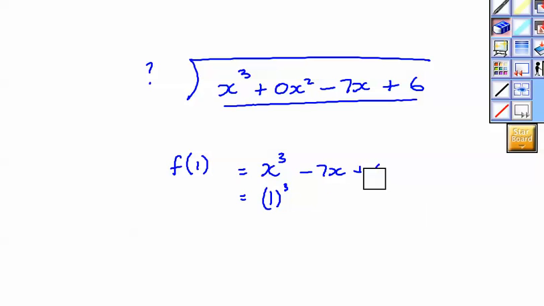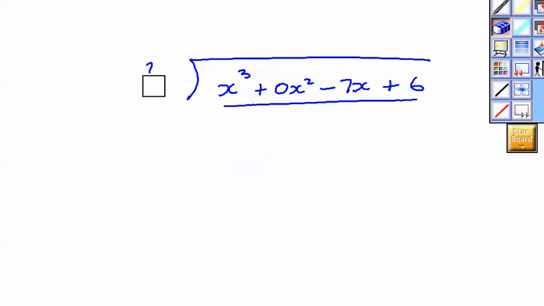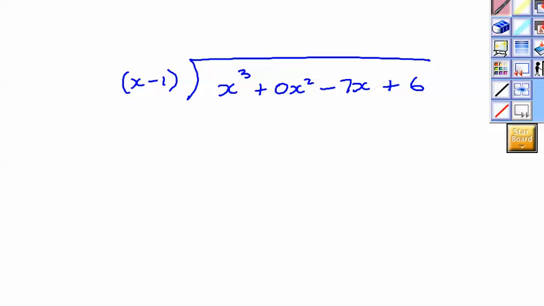Right. So what I'm going to do now is divide this by x minus 1. Of course, it's going to have to be the opposite, because we know that 1 worked when we put it into the function. Well, ask yourself, what do I multiply by x to get x cubed? Well, the answer is x squared. x squared times x is x cubed. x squared times minus 1 is minus x squared.